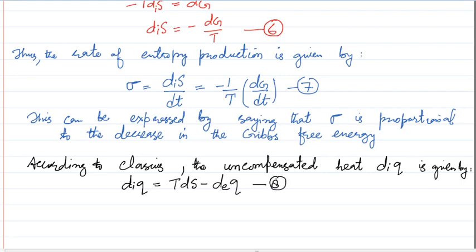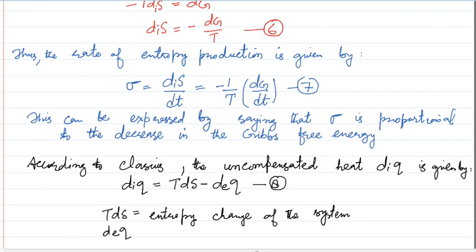This is equation 8. Here this T dS is basically the entropy change of the system, and dQ_E is heat exchanged with the surroundings.